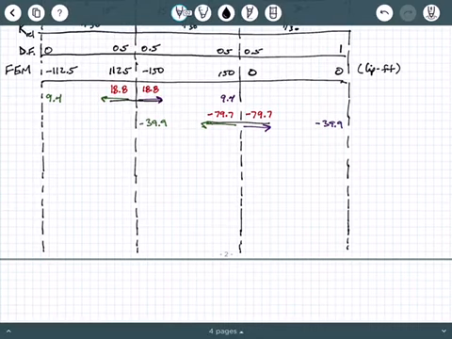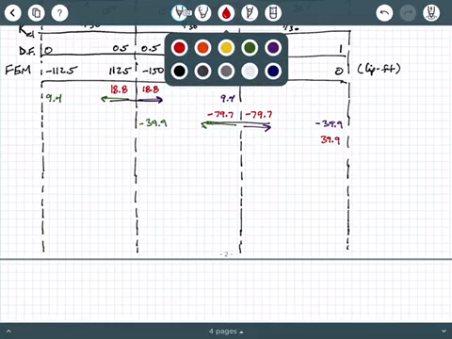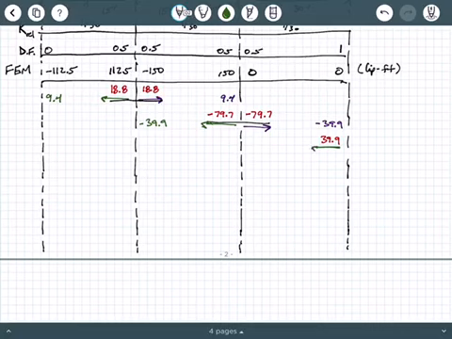What does our table end up looking like now? We would say 39.9, and then half of it says balanced, half of it gets sent back over to C, and that's an amount equaling 20.